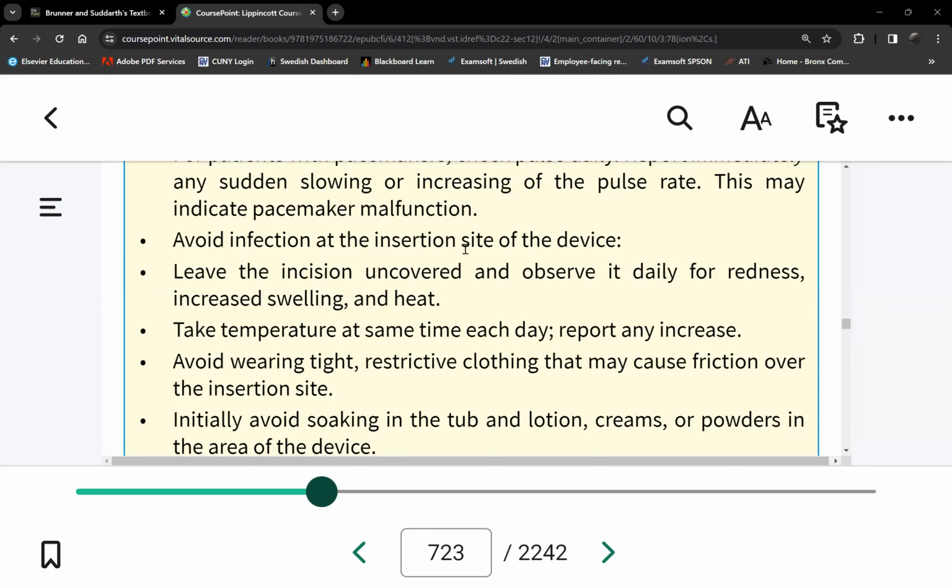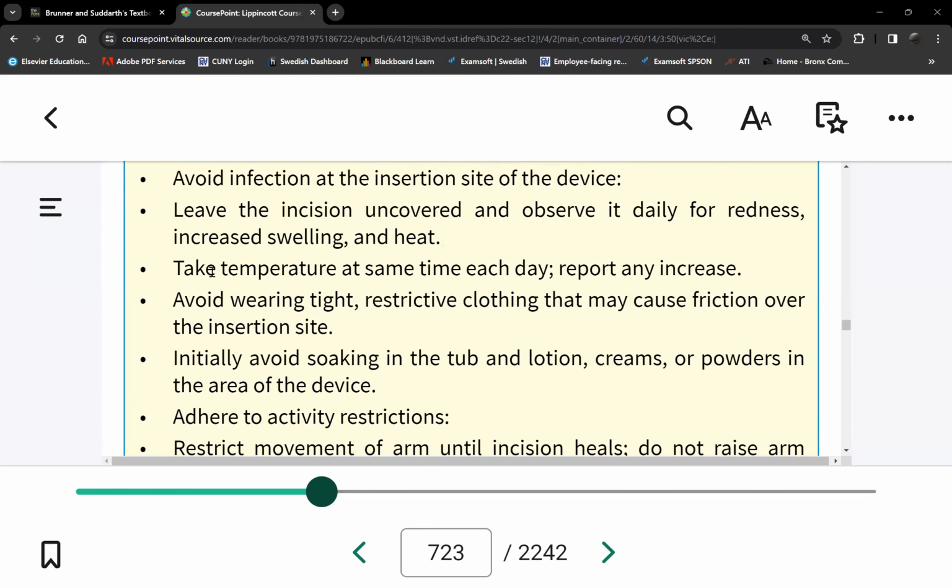Avoid infection. So how do they avoid infection? There's a little error here because these bullets should be indented. These four bullets actually refer to avoiding infection, and you'll see this on the previous page under the pacemaker, under the title of preventing infection.